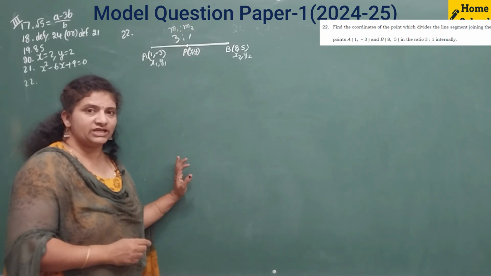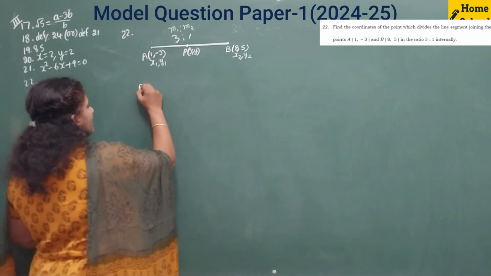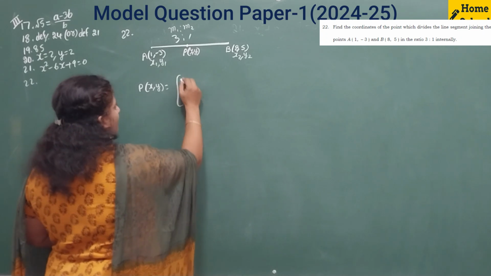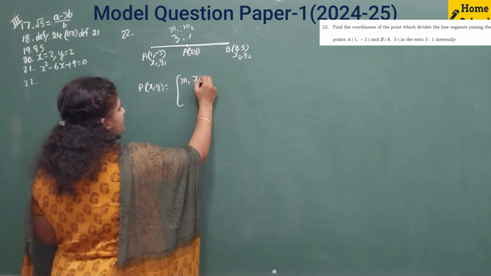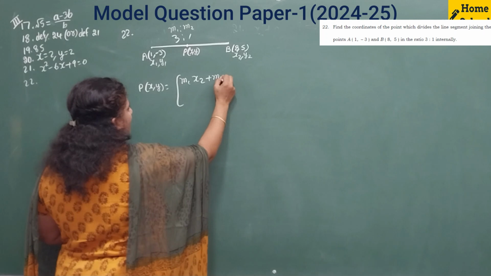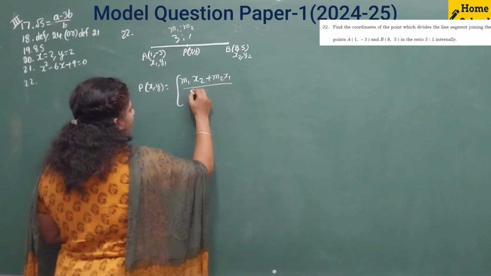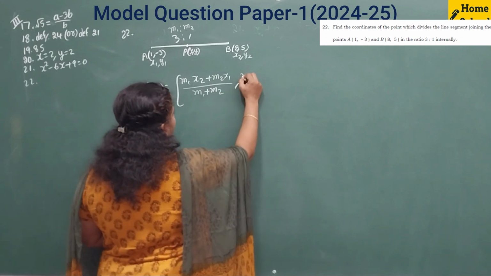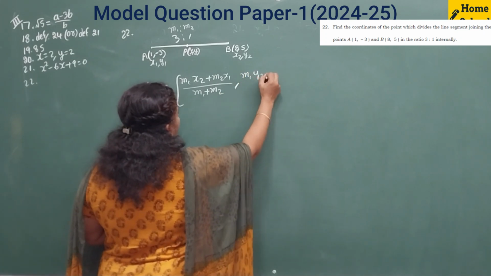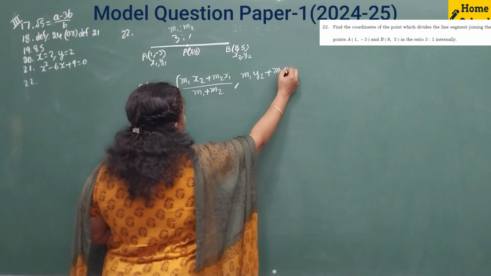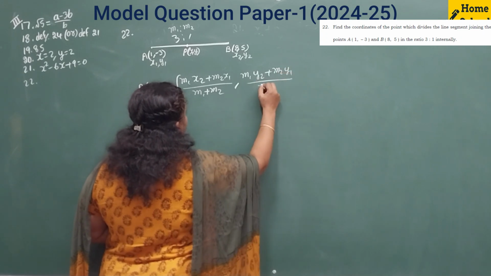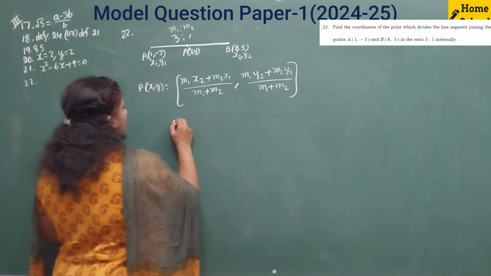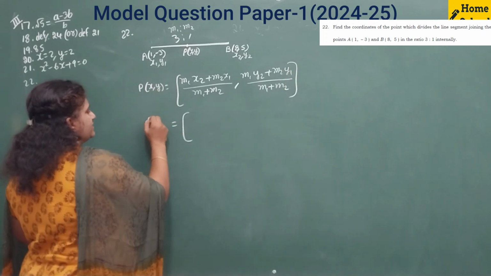We know the section formula, that is P(x, y) is equal to m1 x2 plus m2 x1 by m1 plus m2, m1 y2 plus m2 y1 by m1 plus m2. Now substitute the values.